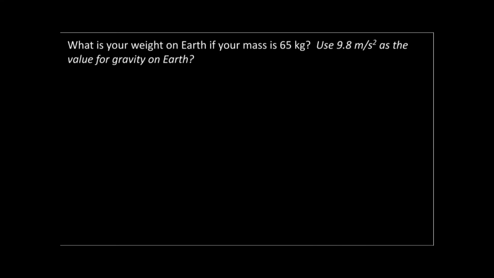Okay, so if we want to do a weight formula, we just do F of G equals mass times gravity, and for this one, our mass is 65 and our gravity is 9.8, and you can get 637 newtons. So your weight is going to be much more than your mass, or the weight that you think of when you stand on a scale and you get pounds.